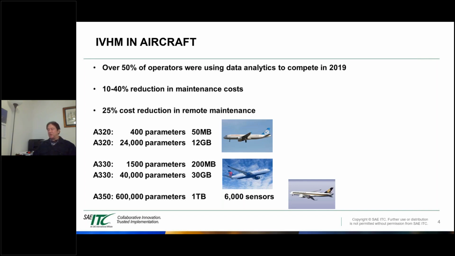And then now you look at the latest airplane, the A350, 600,000 parameters being monitored and a terabyte of information on every flight from 6,000 different sensors. So the amount of data that's being produced has greatly increased, and of course, that has implications for what you do with that data. Next slide.